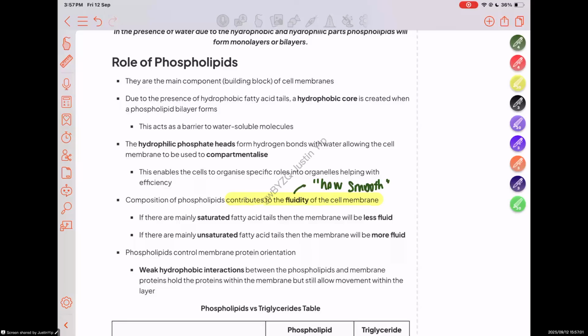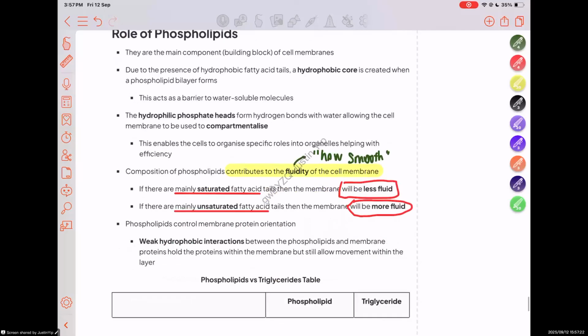If they consist of saturated fatty acids, the membrane will be less fluid, meaning less flexible. While if it consists of many unsaturated fatty acids, it will be more fluid. So this is the main part of the role of the phospholipid bilayer.